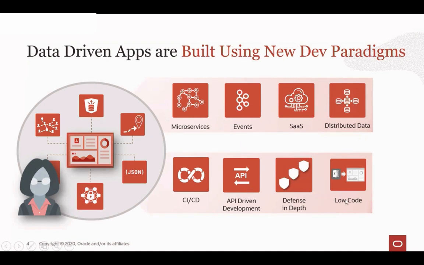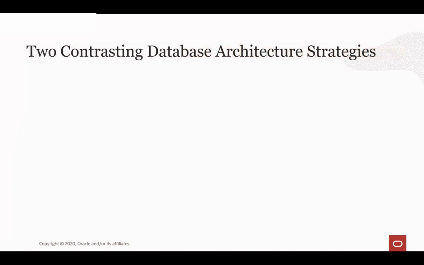Now, to build these data-driven apps, there are two approaches: single-purpose databases or Oracle Converged Database. And both of them are quite contrasting in nature. Now let us try and understand how they differ and what they offer to us.